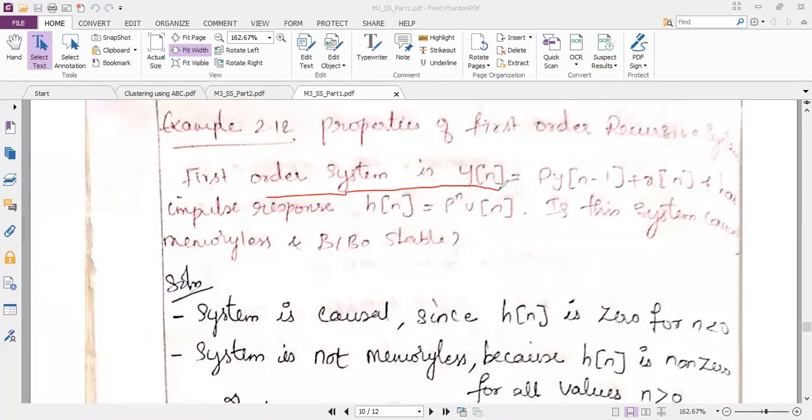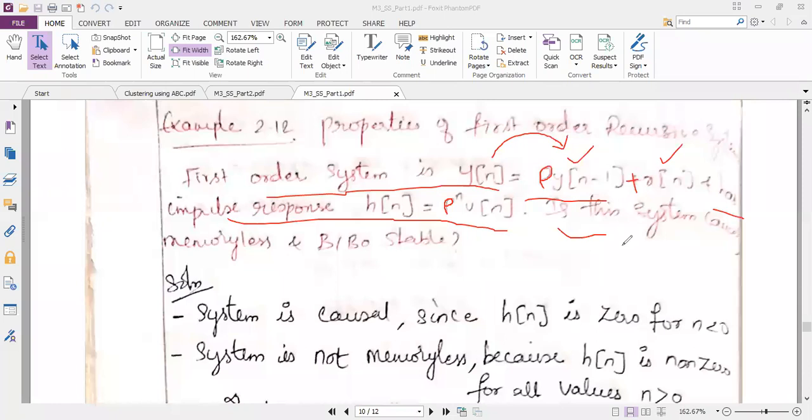first order system is y of n is equal to rho y of n minus 1 plus x of n. They have given the output y of n is equal to rho y of n minus 1 plus x of n, and it has impulse response h of n is equal to rho power n into u of n.